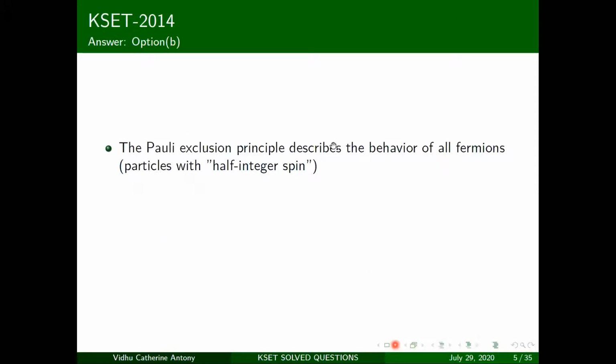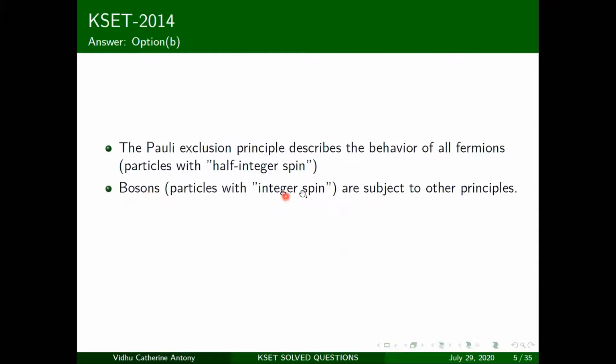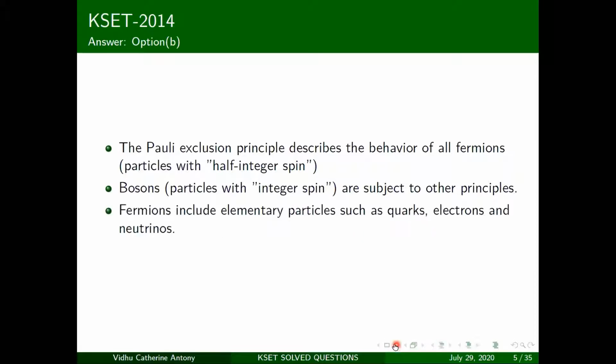Pauli's exclusion principle describes the behavior of all fermion particles with half integral spin, and your boson with integer spin. And then you have your fermions, which are your quarks, electrons, and neutrinos. So all those kinds of things come under your fermions. That's just something to recall whatever we've done before.